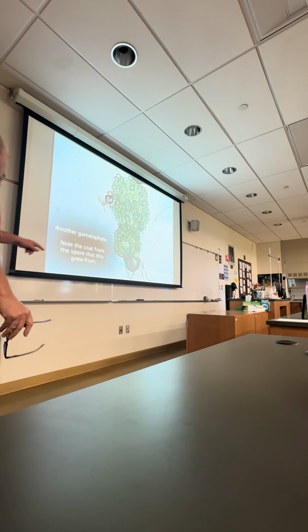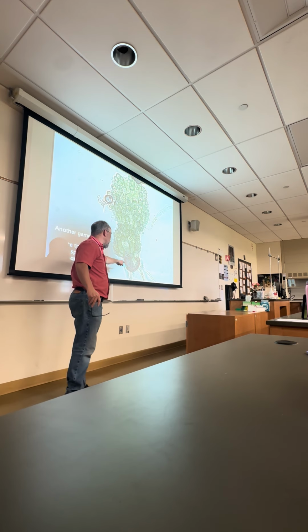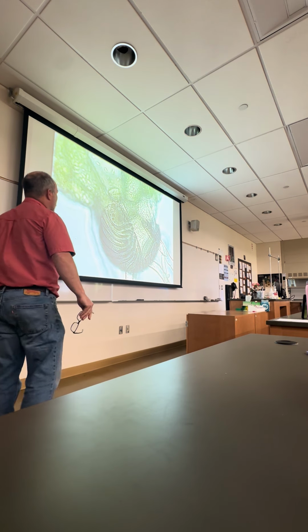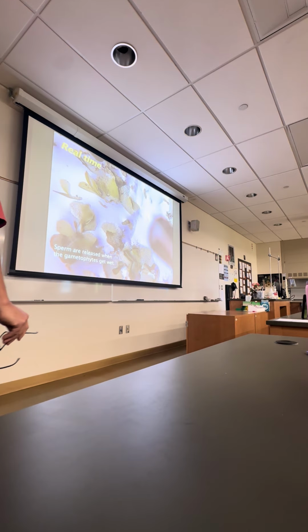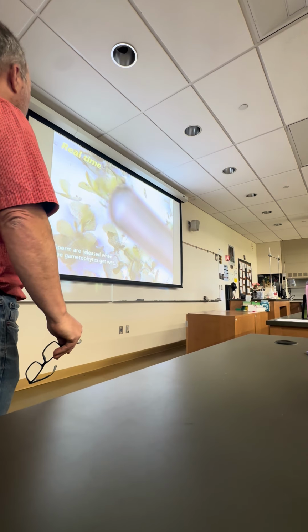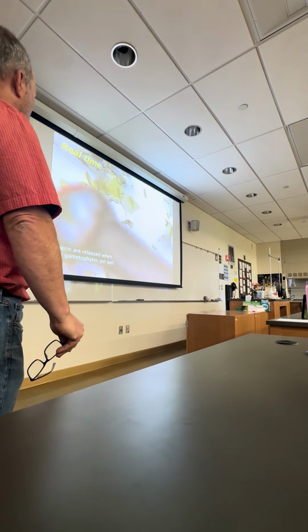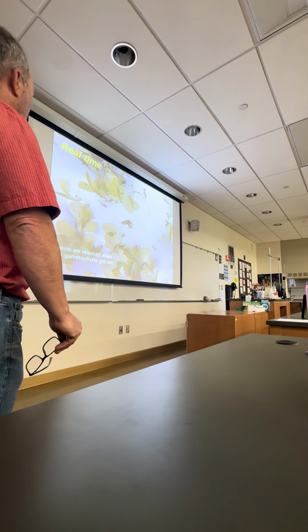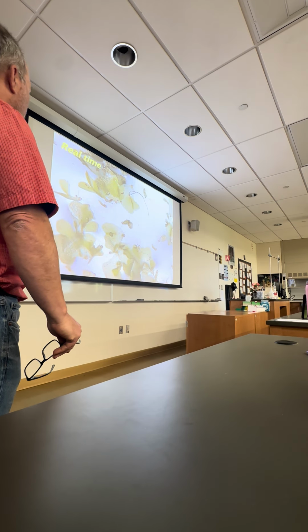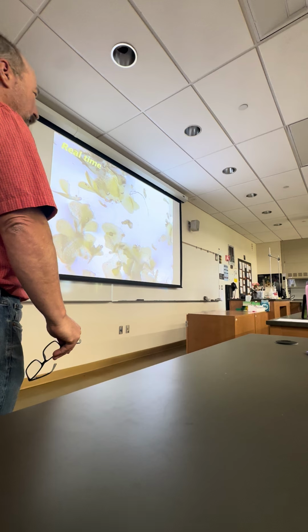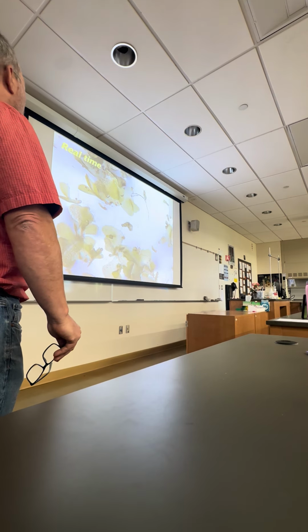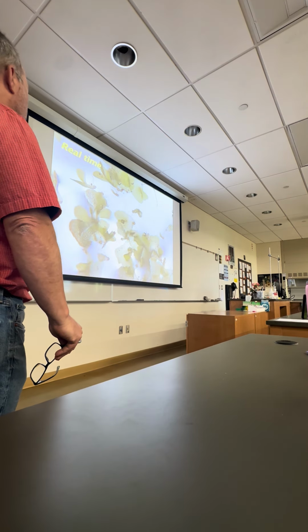And that's where the spore is coming from, right? There's the spore that dropped, and it germinated from there. And then these are the gametophytes. They're putting water on it. And this would simulate, say, a rain, right? And they're going to release their sperm.